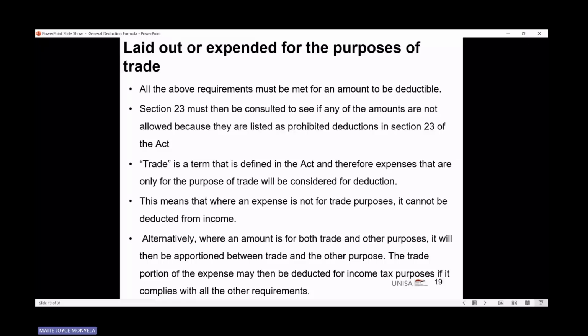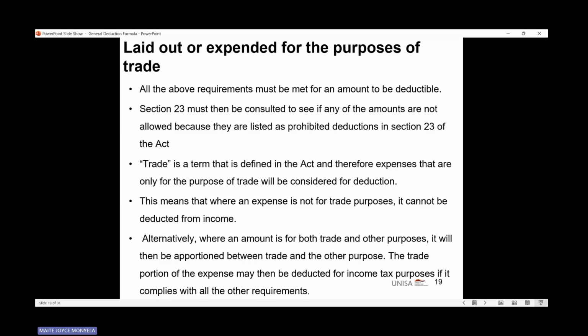Alternatively, where an amount is for both trade and other purposes, it will be apportioned. If we have an amount qualified as a trade and also for other purposes, you need to apportion between trade and other purposes.